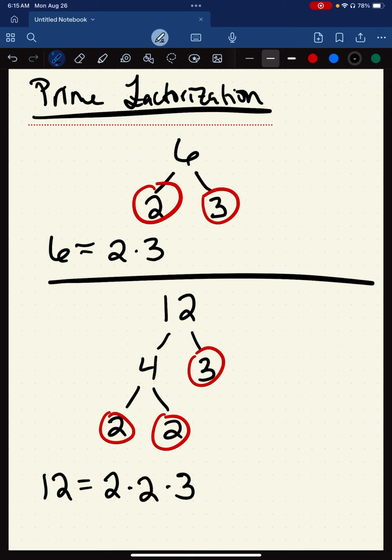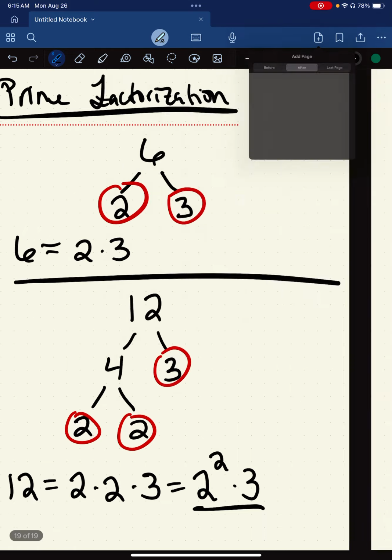Or if you recall, 2 times 2 is the same thing as 2 to the power of 2 times 3. And I'm going to prefer using this exponential notation. 2 to the power of 2 meaning 2 times 2. So that is the unique prime factorization of 12.